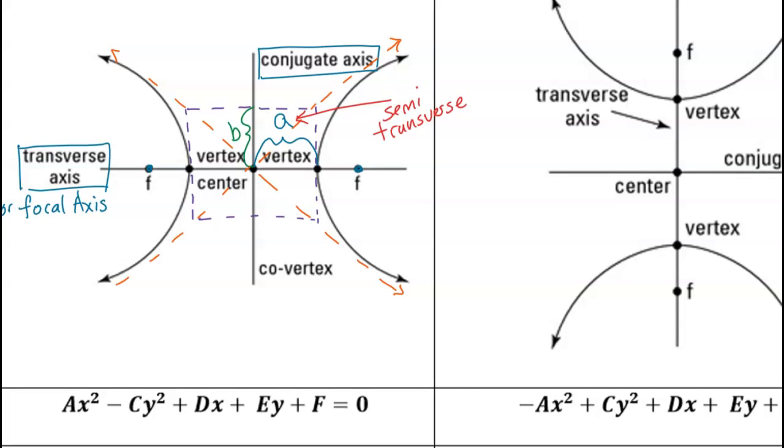So you can see that there is a hyperbolic box that determines our B length, our semi-conjugate. This B length is called our semi-conjugate because it's half of the conjugate axis.